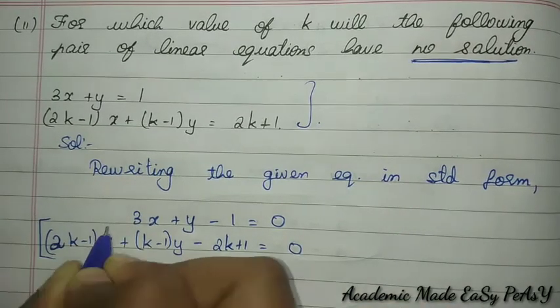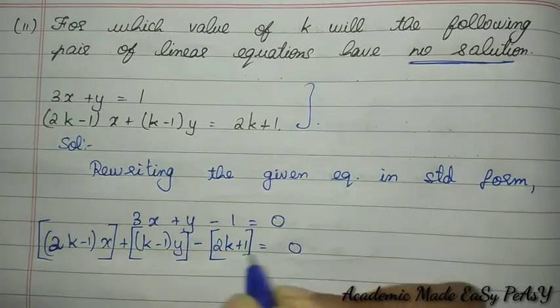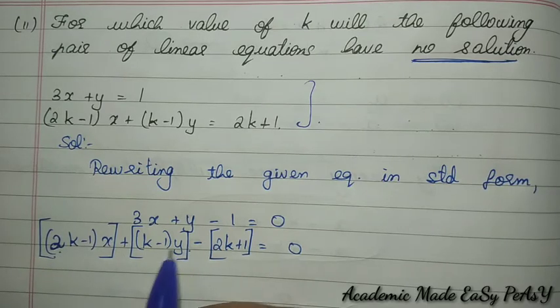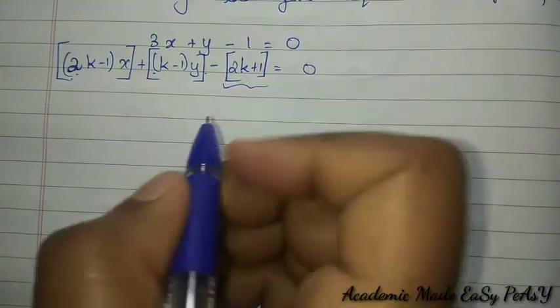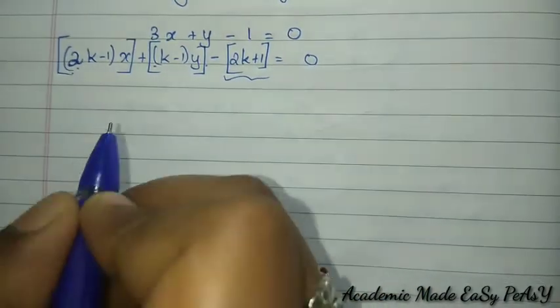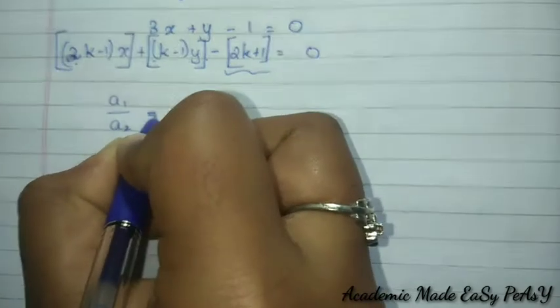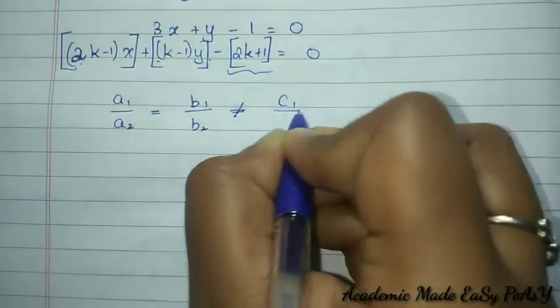So let me use square brackets in order to show my terms separately. That is, this is x and its coefficient, y and its coefficient, and the constant term. So now what is the condition for no solution? A1 by A2 equal to B1 by B2 not equal to C1 by C2.